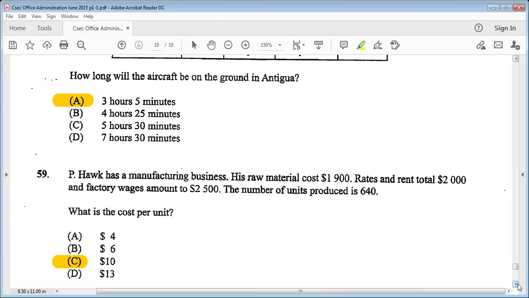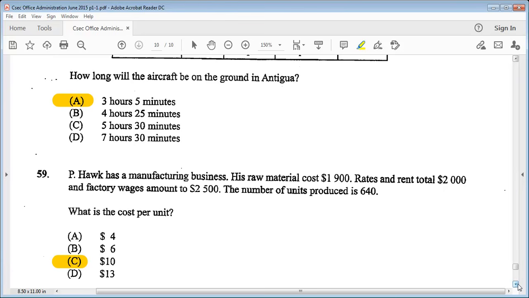Now, what do we have to do in order to find out what is the cost per one unit? We'd have to add up our raw materials plus our rates and rent total and our factory wages. So when we add 1,900 plus 2,000 plus 2,500, we got $6,400.